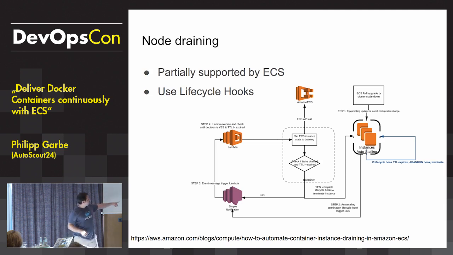And what that Lambda is doing is it makes the connection between the application lifecycle and the lifecycle of the autoscaling group. So whenever the autoscaling group, for whatever reason, terminates your instance, this hook gets triggered. You get an event, the Lambda gets started, and then the Lambda sets the node that gets terminated to draining in ECS.